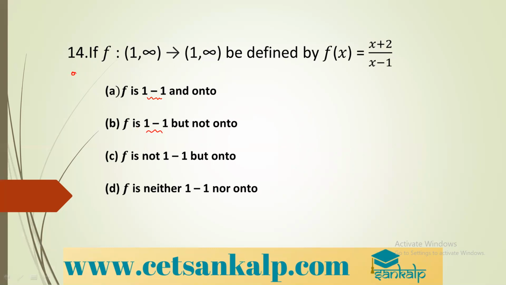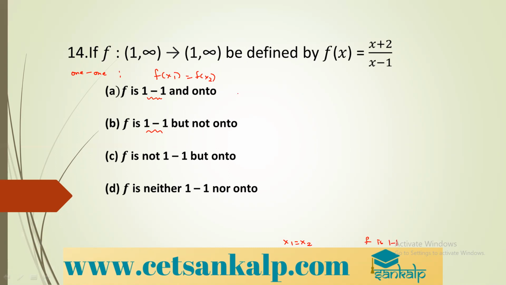So, for a one-one function, to prove, we will start with f of x1 equal to f of x2. And in the end, we have to get x1 equal to x2. In the end, the last step should be x1 equal to x2. Then I can say f is a one-one function.